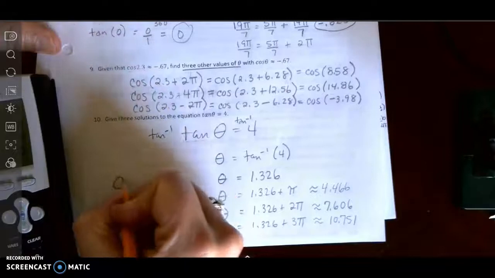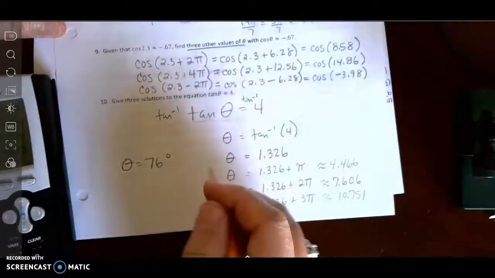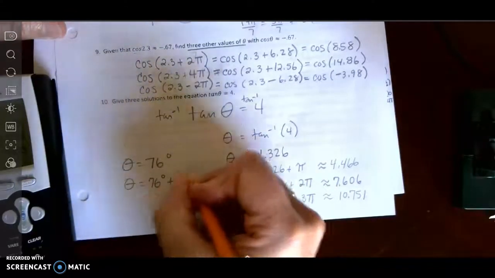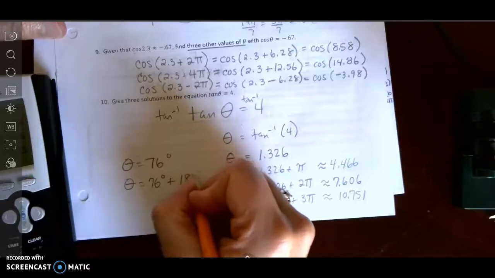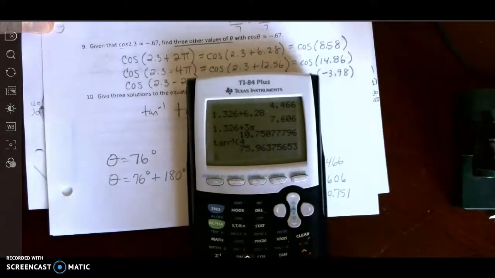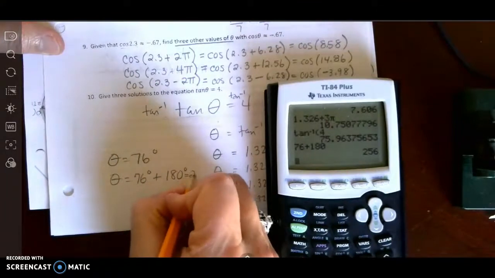So theta equals 76 degrees. If I want other answers, theta could be 76 degrees plus halfway around the circle, which is just 180. So I would take 76 plus 180, and I get 256.